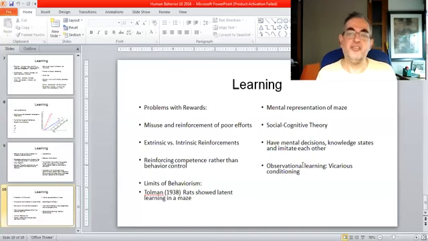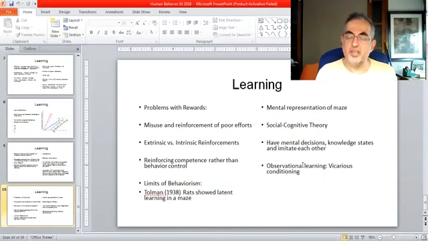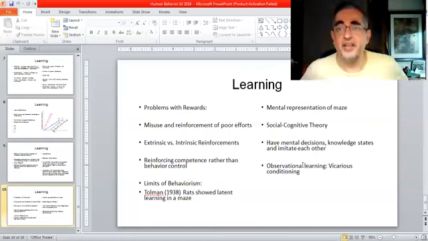And this is what led to the rise of socio-cognitive learning theory, which is a mixture of associative learning theory, but we also assume that there are cognitive mechanisms in which you have long-term memory of spaces, of events like who's getting what reinforcement, what reward, and so on. So you have expectations, you have mental maps, and all of that. And that becomes a part of the overall learning system.